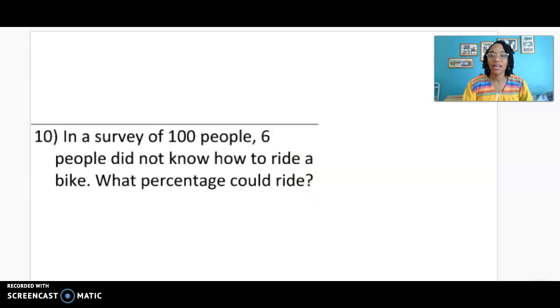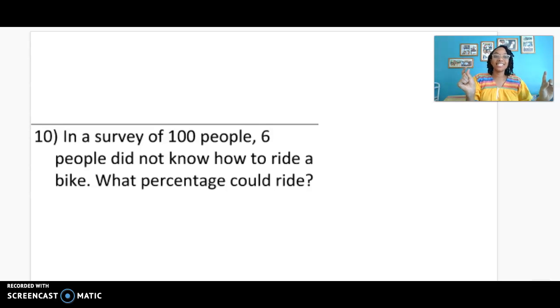All right, now let's try a new word problem. In a survey of 100 people, 6 people did not know how to ride a bike. Which percentage could ride a bike? Once again, this is another part whole bar model that we're creating. So 100 people altogether, that's 100%, 6% of them did not know how to ride a bike.